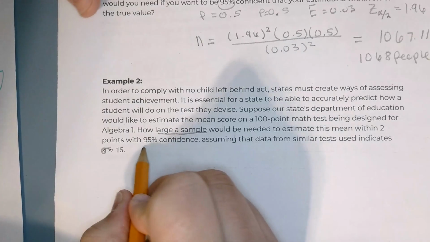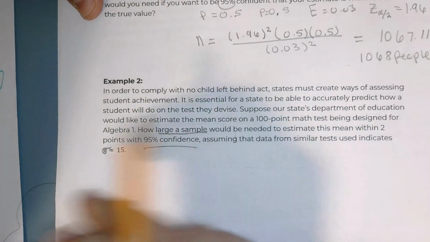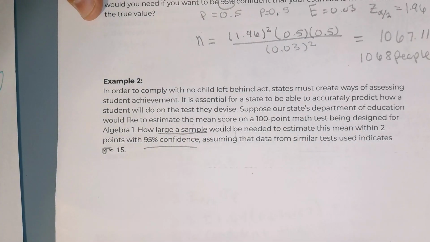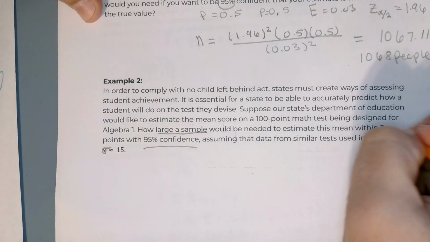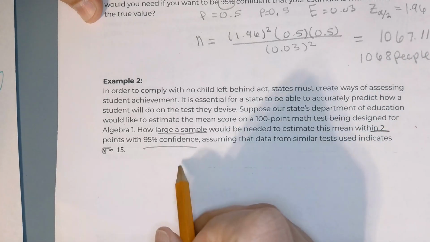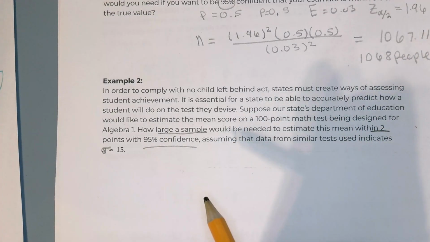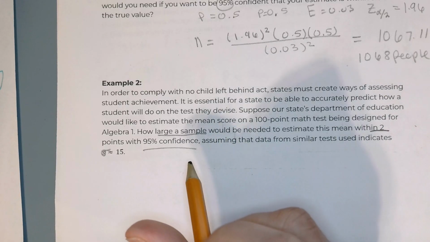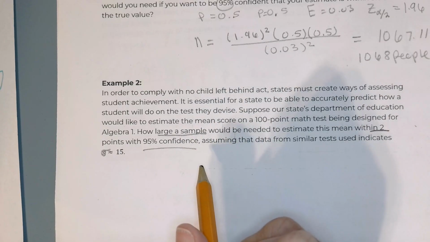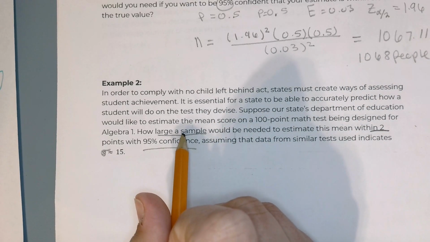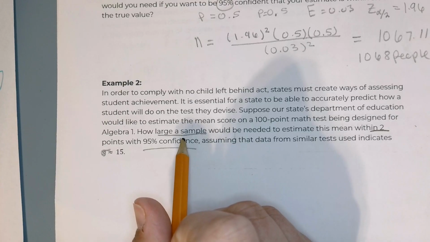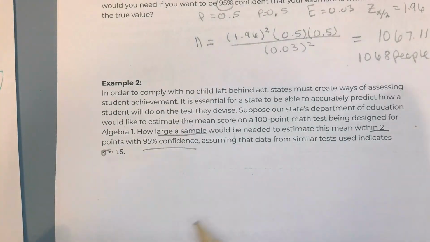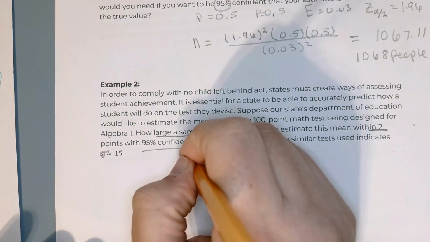We want to be 95% confident that our mean falls within 2 points of the population mean, but we want to know how large a sample we need to take to get an accurate number here.